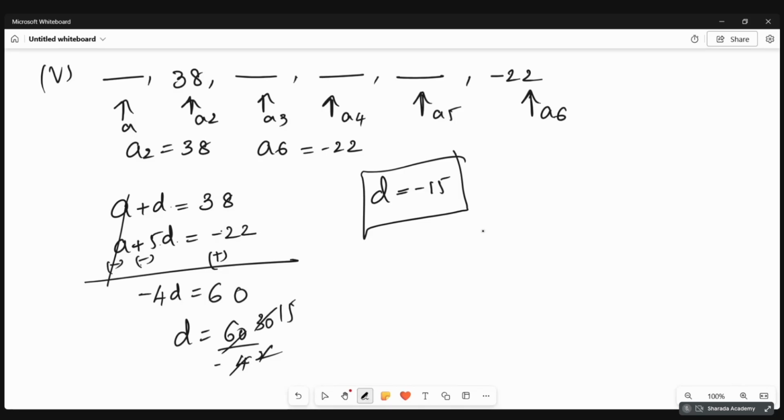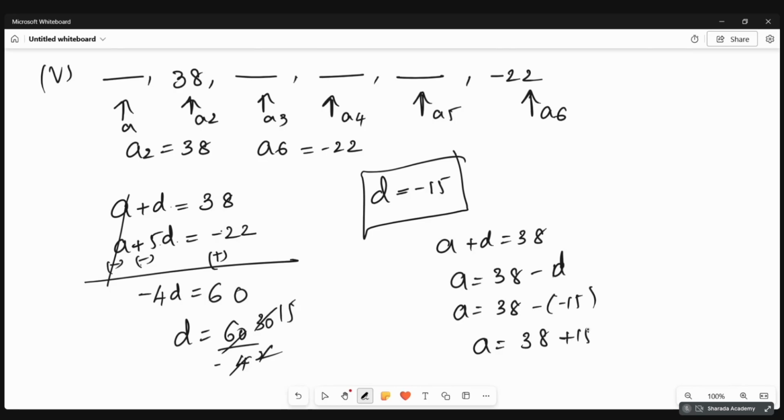What is A now? A plus D, it is 38. So A is equal to 38 minus D. So A is equal to 38 minus of minus 15. A is equal to 38 plus 15. So 38 plus 15, how much you will get? 53. So A is equal to 53.